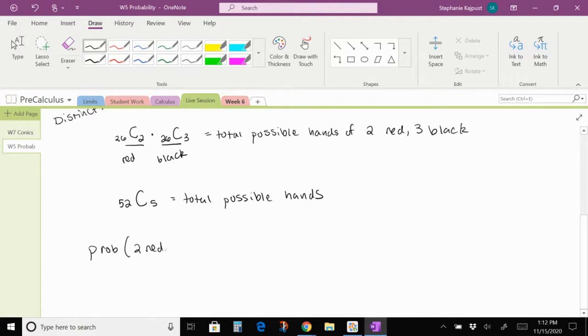So the probability of 2 red and 3 black would be creating your probability where you have the total of that specific event over the total possible hands. And basically, you can put this in a calculator to determine those numbers.